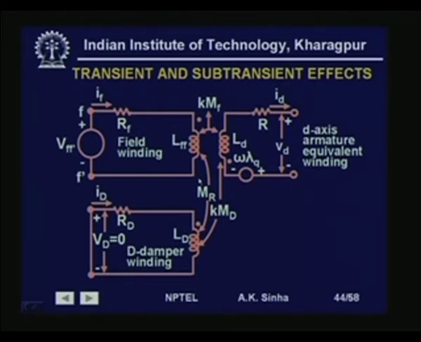Whenever there is oscillation in the machine, this damper circuit comes into play, and since its time constant is very small, it dies off very quickly, and therefore, this circuit becomes open.